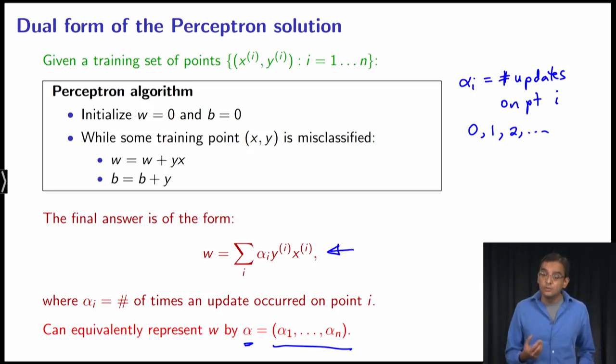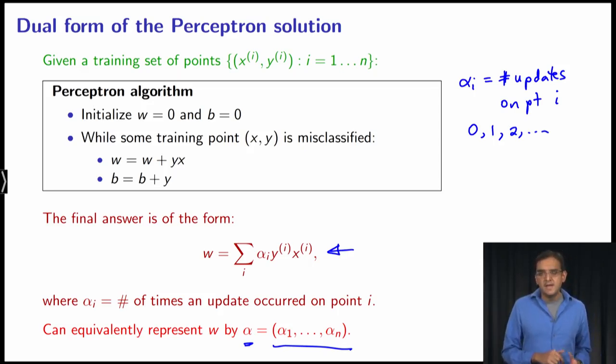So there are two ways to represent the answer, either as the vector w, which has dimension d, or as this vector of counts, alpha, that has dimension n. We will call this the dual form of the solution. The original primal form of the solution is w, and the dual form is alpha.